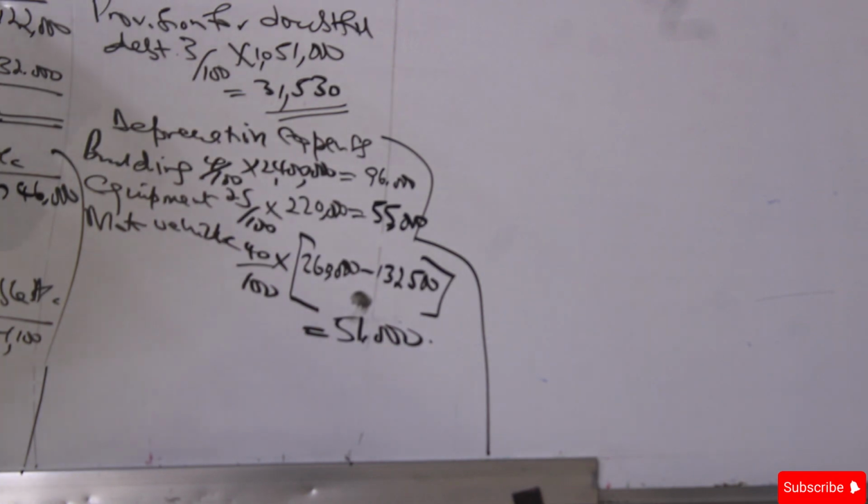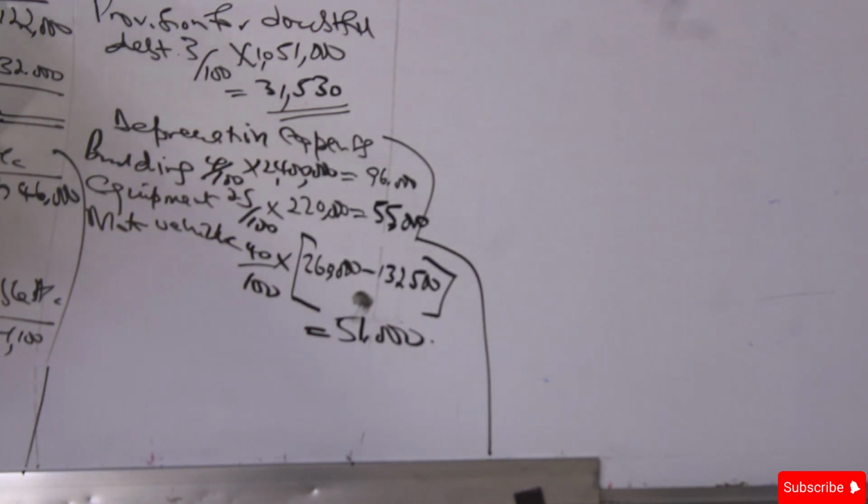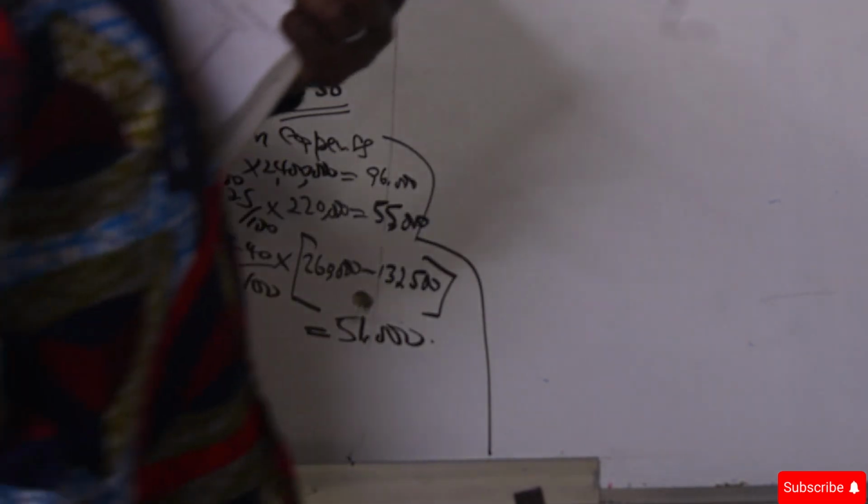Then you're supposed to prepare the income statement, the statement of financial position, and then explain a few things here and there. So let's do the income statement.